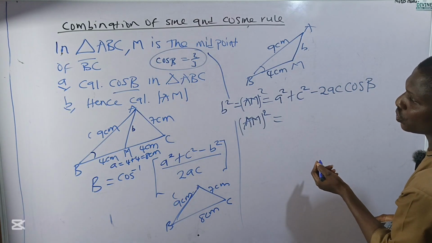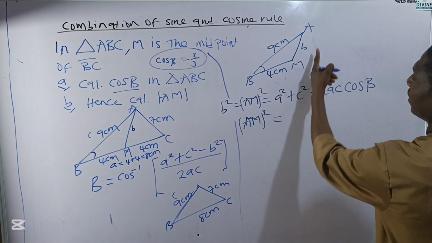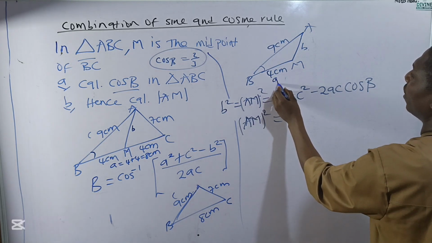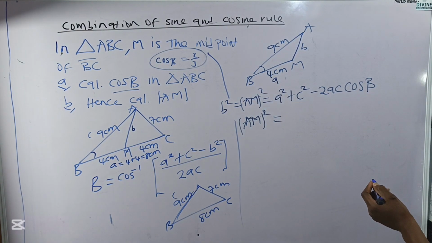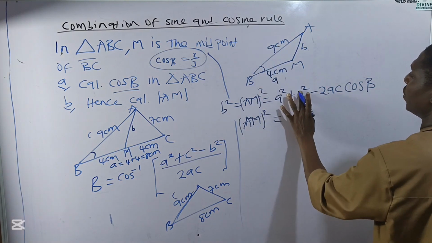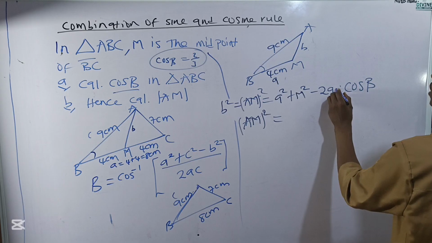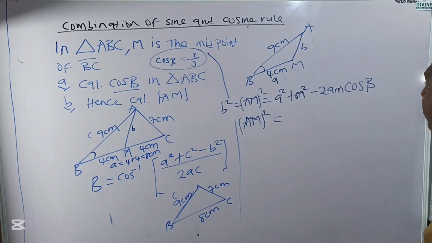So I have AM squared, which is equal to, my A happens to be 4. Do I have C? I don't have C, so let me change it to M, and here becomes small letter m as well. So get used to the formula. You don't need to cram it.